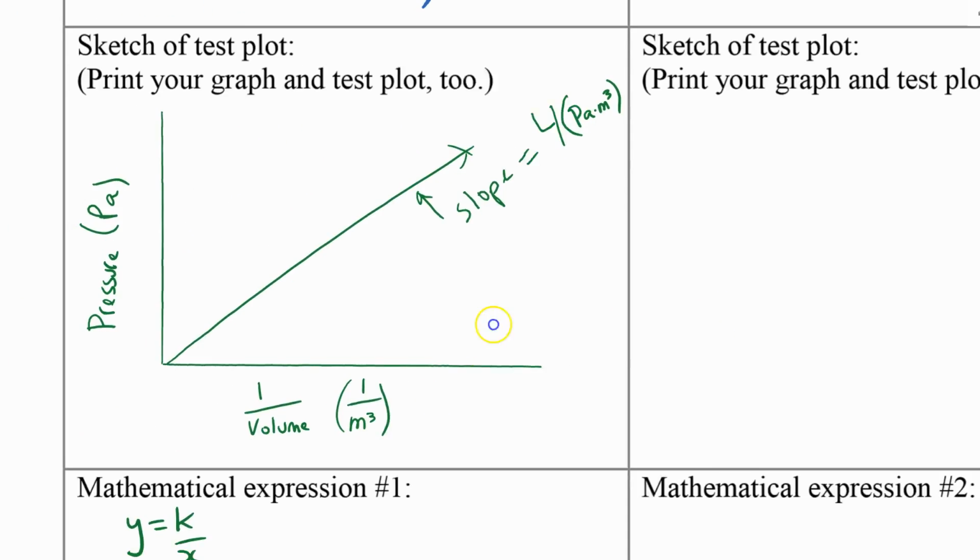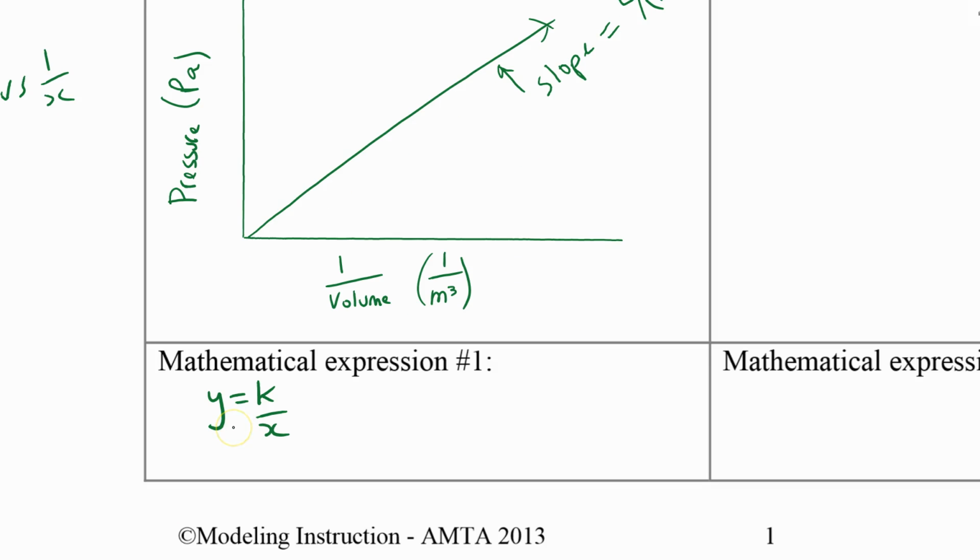Now what I want to do is replace the y with, in this case, pressure. What letter should we use for pressure? Instead of y, we'll make P for pressure is equal to, now what is our slope?